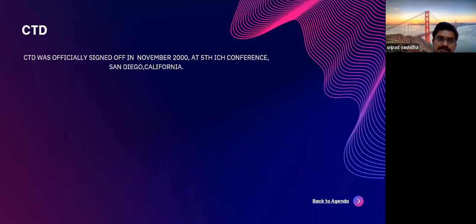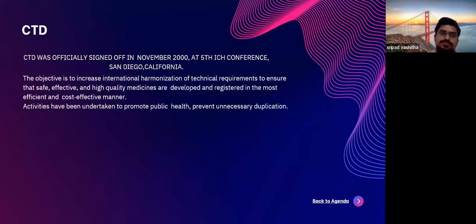So we discussed ICH in the morning, right? In multidisciplinary, there is a specific guideline for eCTD, or basically the CTD. In 2000, at the ICH conference, it was finally signed off.